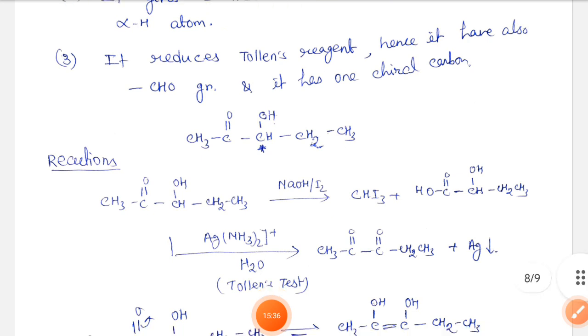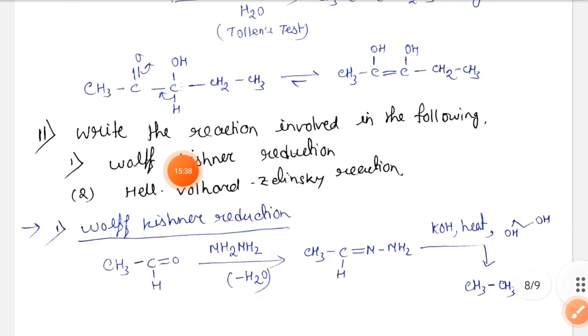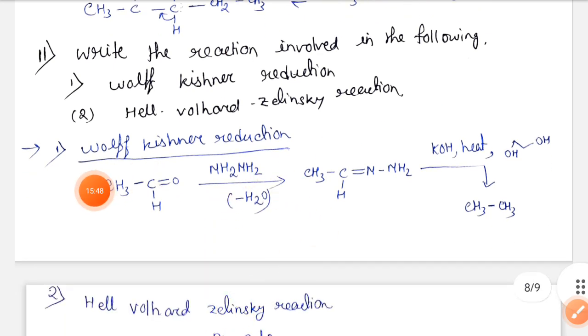Next, write the reactions involved in the following. First one is the Wolff-Kishner reduction, and the next one is the Hell-Volhard-Zelinsky reaction. So first, the Wolff-Kishner reduction. I give an example, but you can write a ketone or aldehyde.